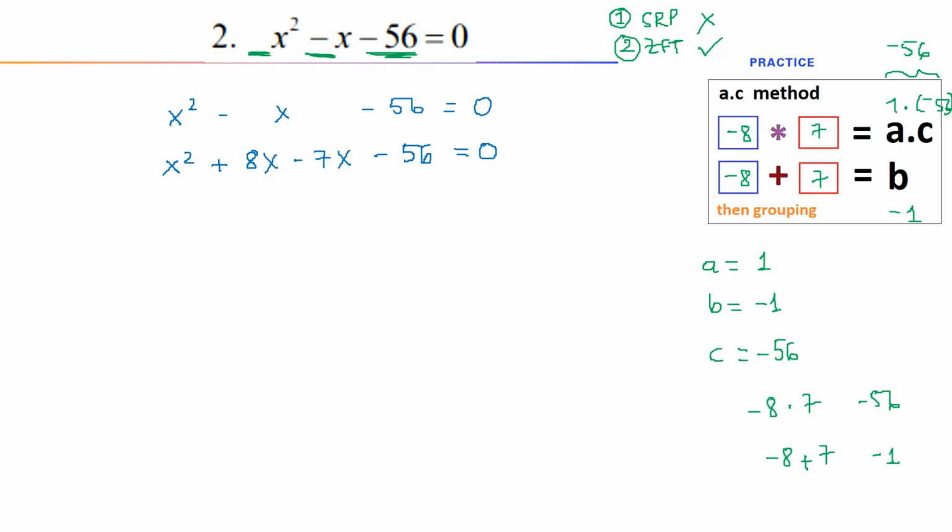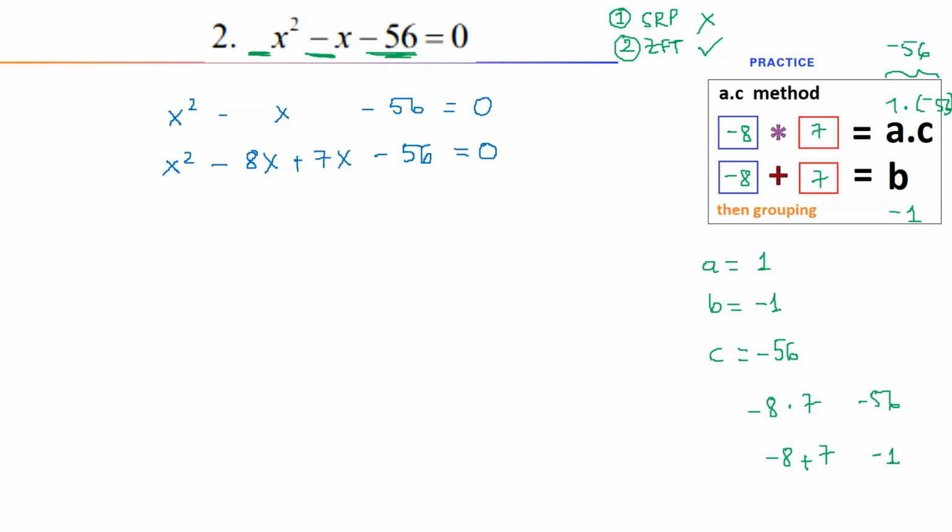Okay, so the negative x will be rewritten as... I mean minus 8x plus 7x, right? Because you want negative. Yeah, making sure, check the work all the time.